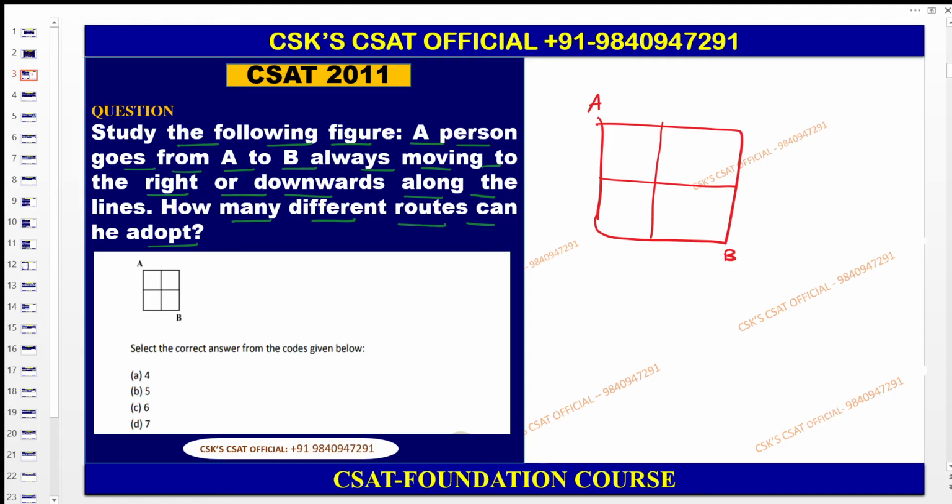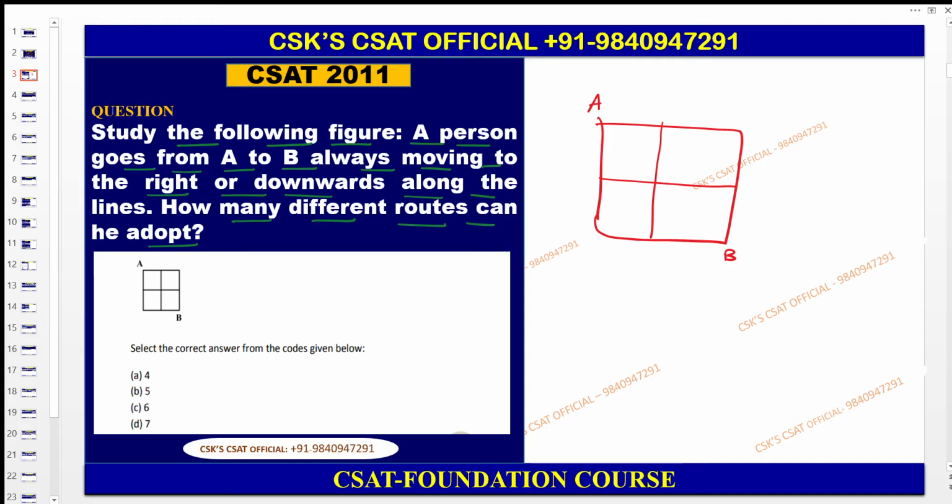Suppose the question is related to 3 into 3 or 4 into 4, then it's a lengthy process. I do not want you to get locked up with a lengthier process. Just have the basic idea about how to solve this by using permutation and combination. That is very, very important.